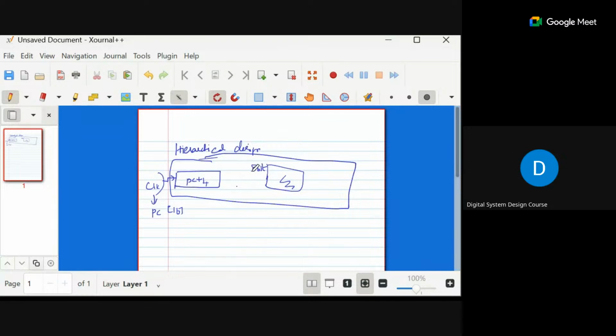It means every instruction is available in a 1-byte location. The first address has the first instruction, the next consecutive address has the second instruction, the next has the third instruction, and so on. But why am I adding PC plus 4? Any guess?